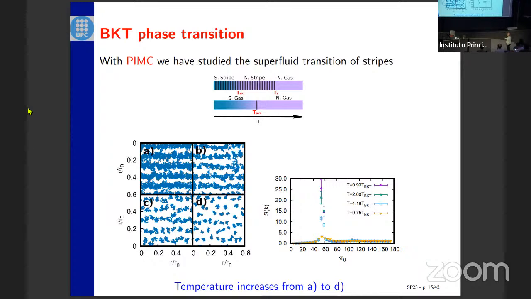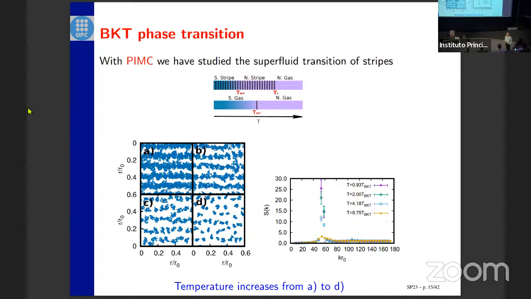Here I show how the system appears. This picture of the snapshots, I think, is quite visual, when you increase the temperature. So you are going from A, B, C, D, increasing the temperature. You see that at low temperature, the stripes are very wide, well-defined, but they are connected. You see paths that connect the different stripes, sometimes here one, here is another one.